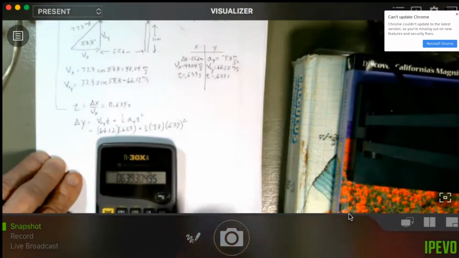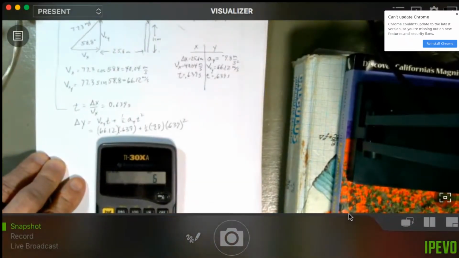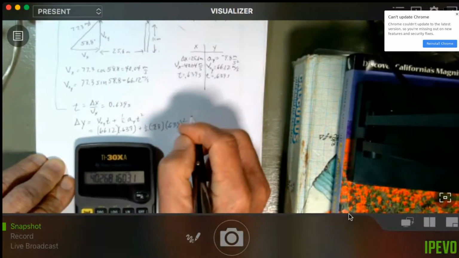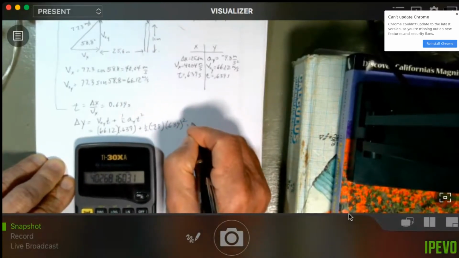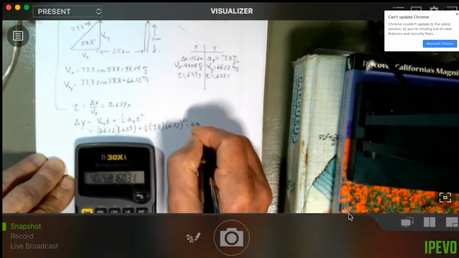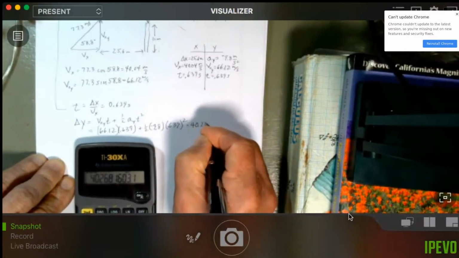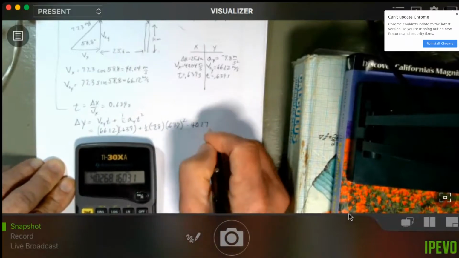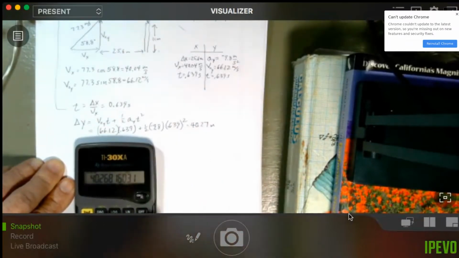There's our time, 0.639 times 66.12 plus half times negative 9.8, which is negative 4.9, times that time squared equals 40.27 meters.